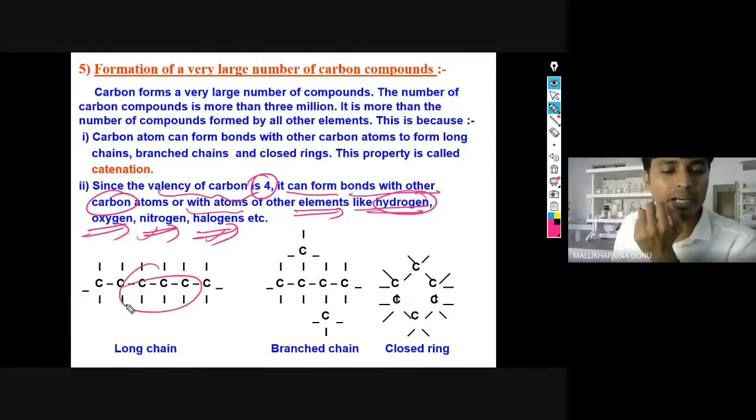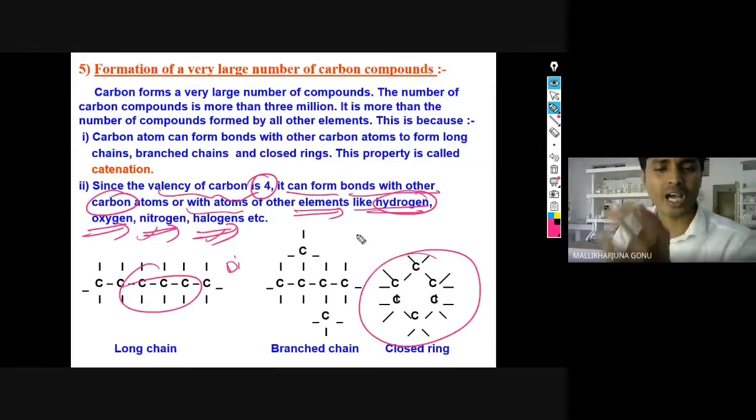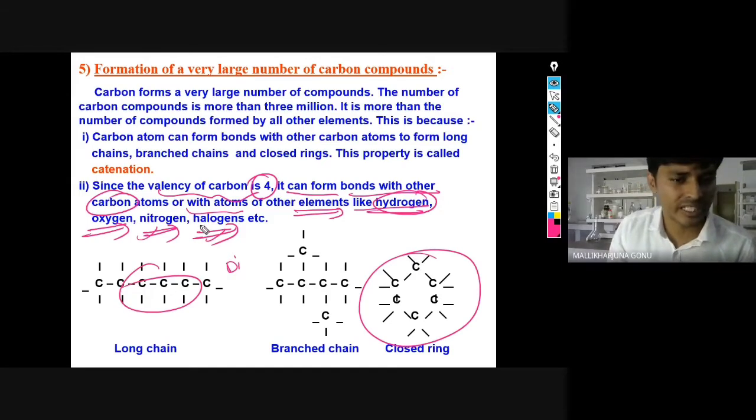If it is only carbon, like diamond, one carbon bonds to another carbon, and millions of carbons form a beautiful diamond. That is homoatomic, only carbons are there. If it forms bonds with another type of atom, like nitrogen or halogens, that is called a heteroatom compound.